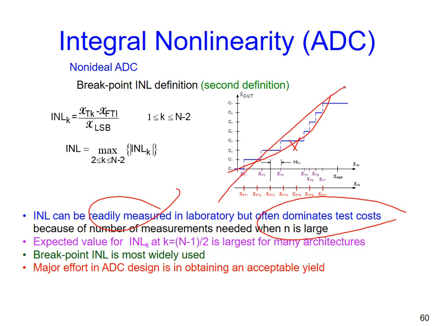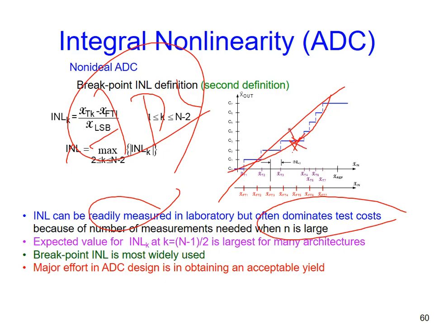So how to reduce INL? Some of the ADCs or DACs try to do some kind of calibration, all right, to make this point become ideal, because that is in the middle. So after such calibration, trimming, what does the transfer curve look like?